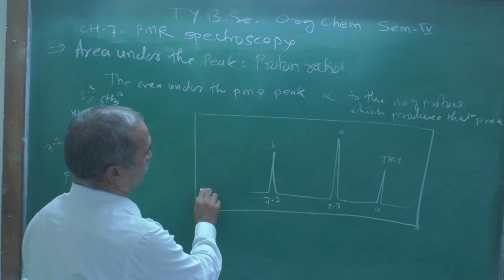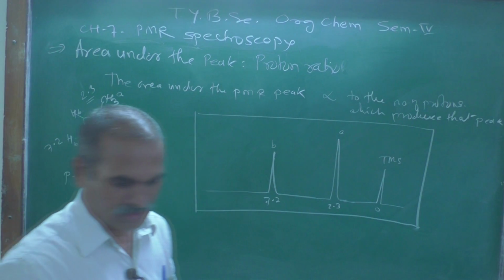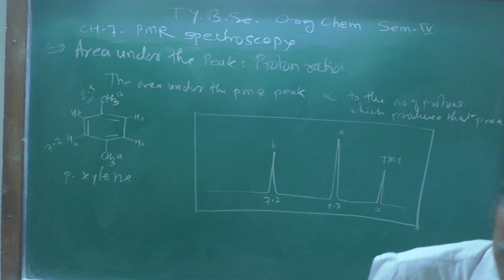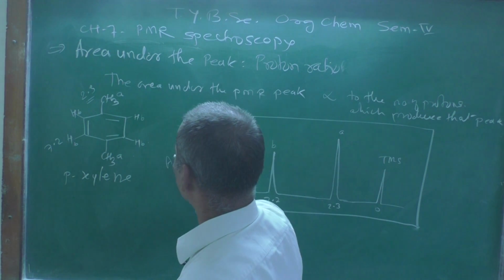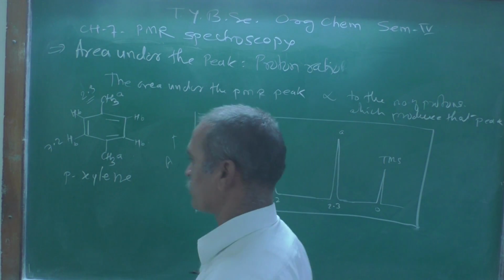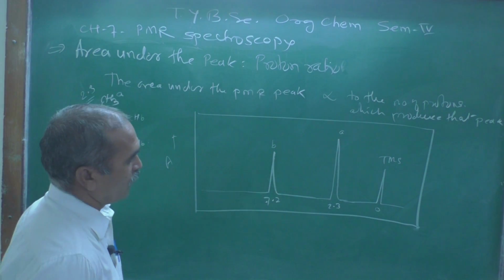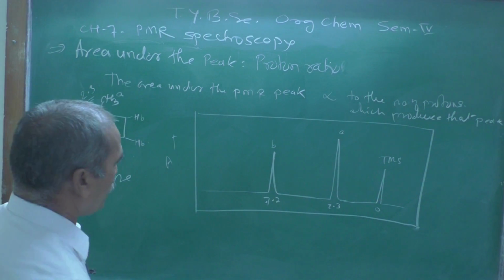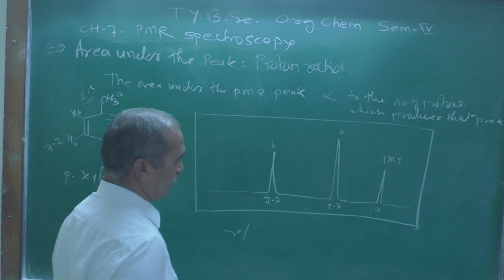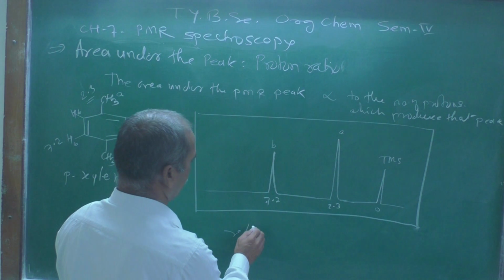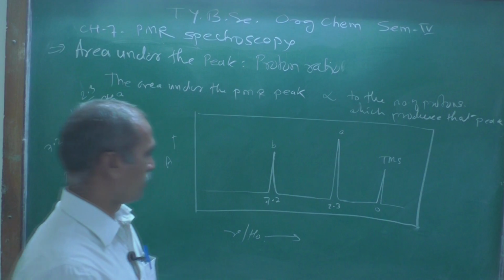This is what we can call a spectrum, and generally these spectra are plotted as absorption versus radio frequency or applied magnetic field across this axis.